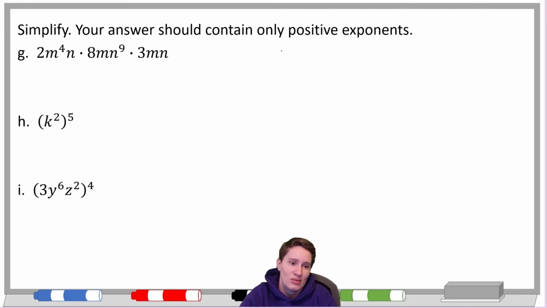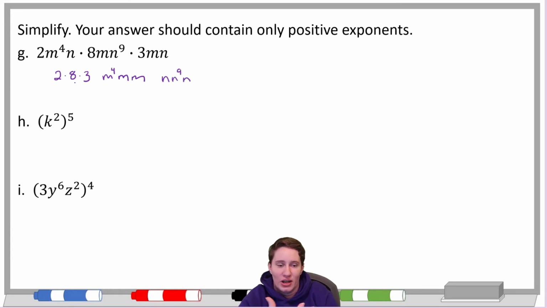We can do 2 times 8 times 3 and figure out what that is. And then we can figure out, well, what's m to the 4th, m, and m. And then we can do n to the 9th, and n. And then we can figure out, okay, what is this actually simplified to be?